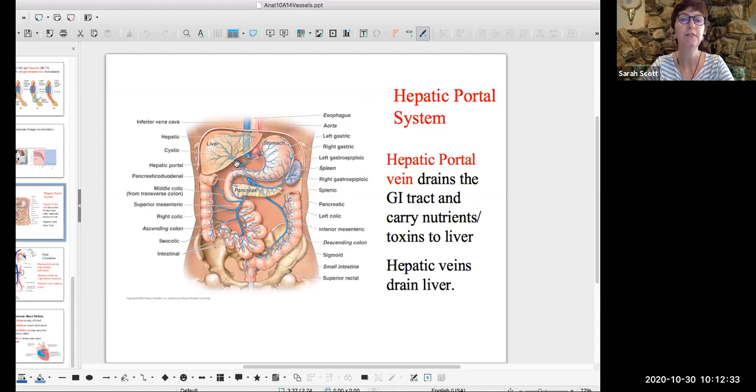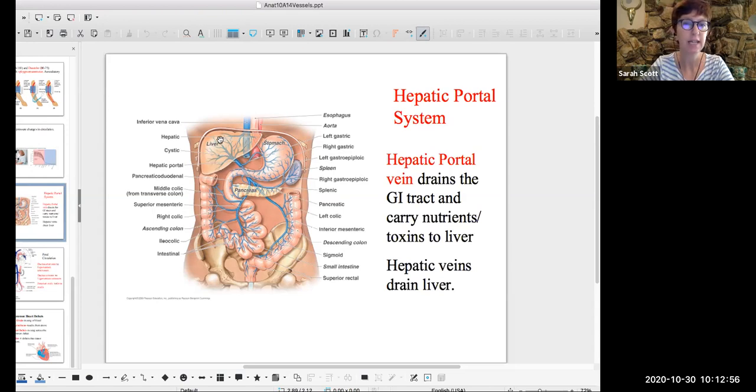So this vein right here that's going into the liver is the hepatic portal vein. And notice it branches into smaller and smaller veins. And then at the end of these veins is going to be a second capillary bed. That is where nutrients can leave the circulatory system and enter the liver.